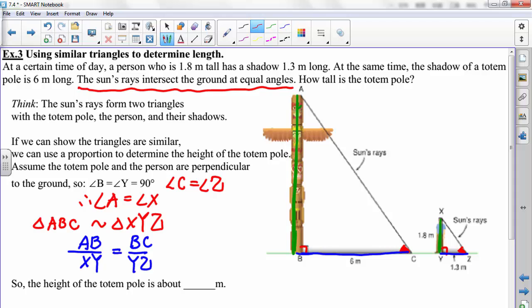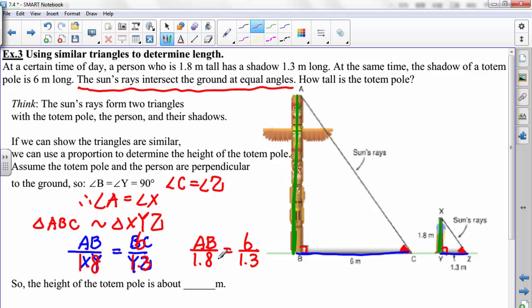Then I can plug all the given numbers into this proportion. XY is 1.8, BC is 6, and YZ is 1.3 meters. They all have the same units, so you don't have to write the units anymore. So I will write down this proportion separately. AB over 1.8 equals 6 over 1.3.